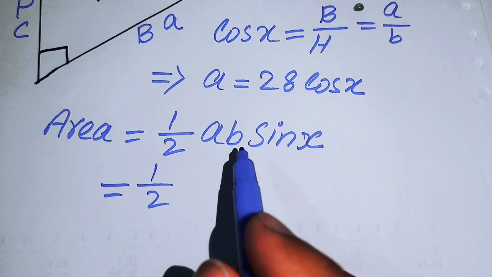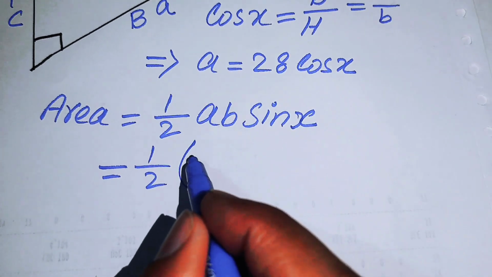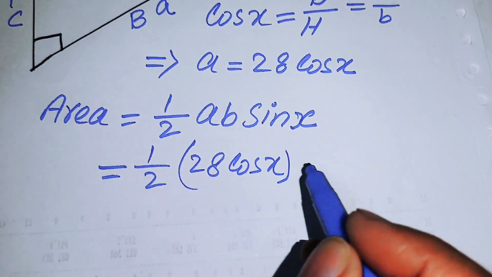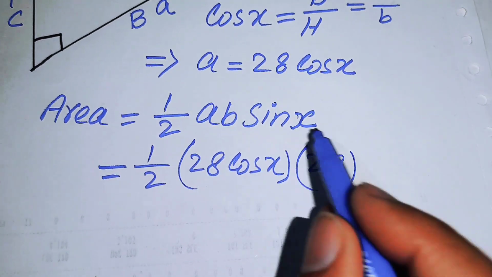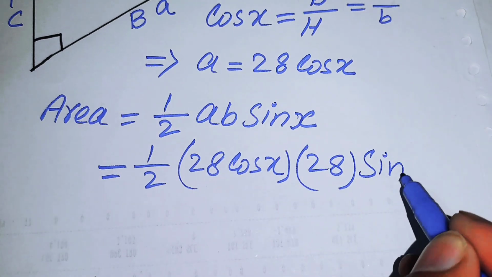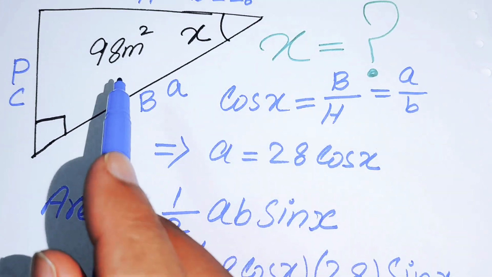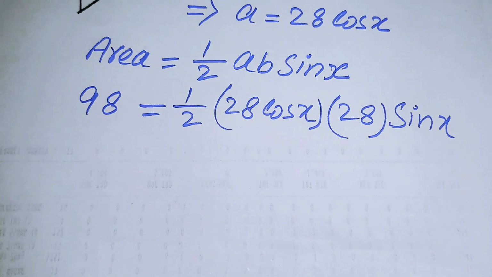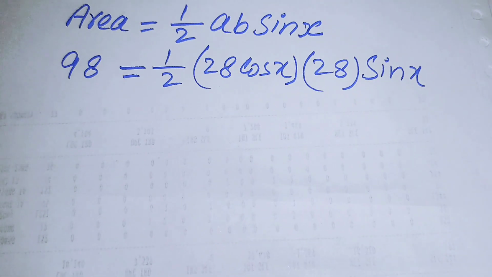We have the value of a as 28 times cos x, so we put this value here, and you get 28 times cos x, into b which is 28, and this is sine of the angle x. And we are given that the area of this right triangle is 98 meters squared, so we put this value here, this is 98. And now we can simplify the terms and move towards the value of x.